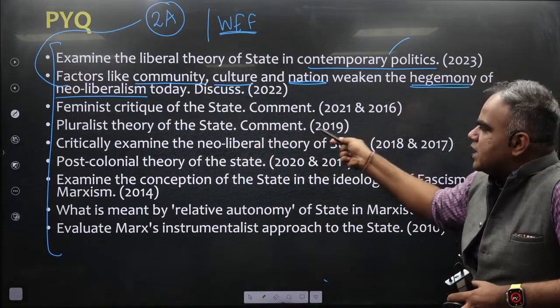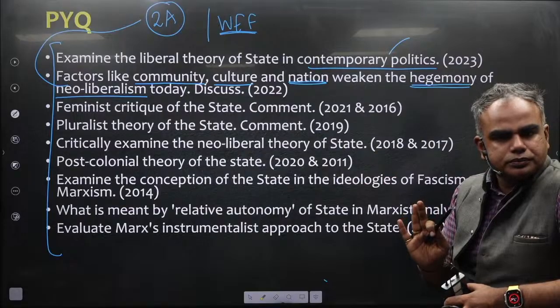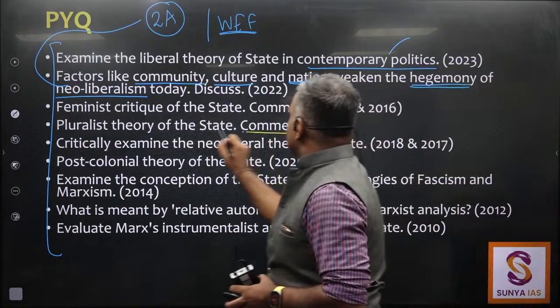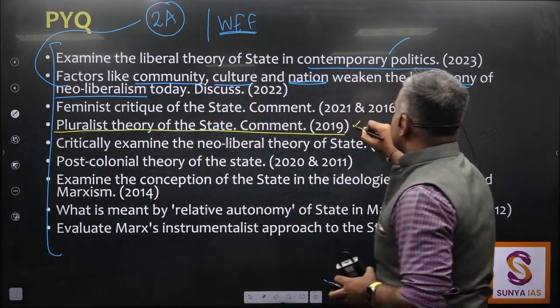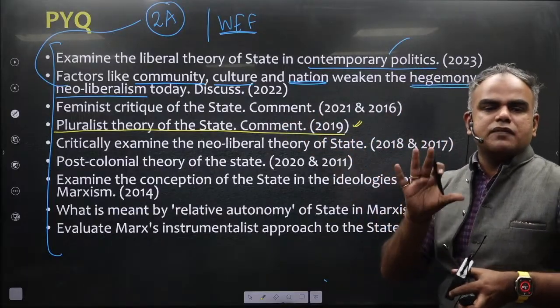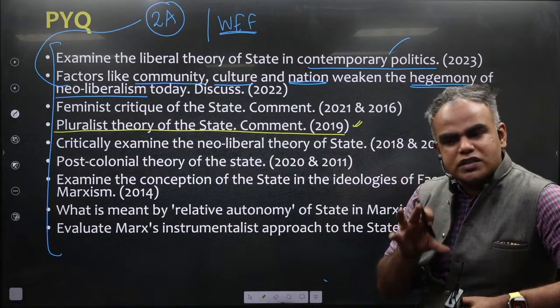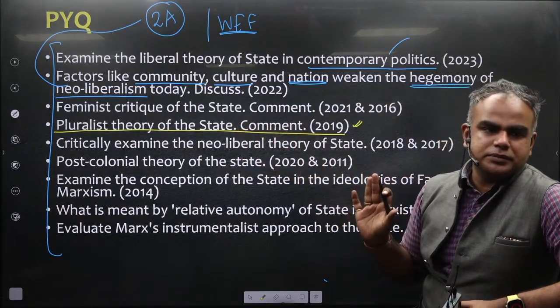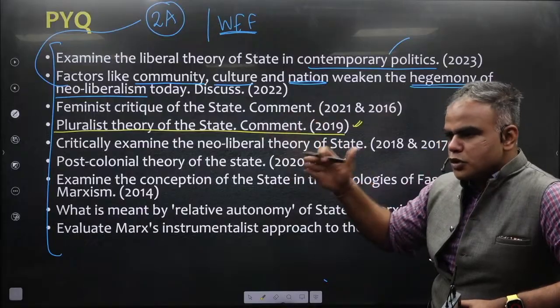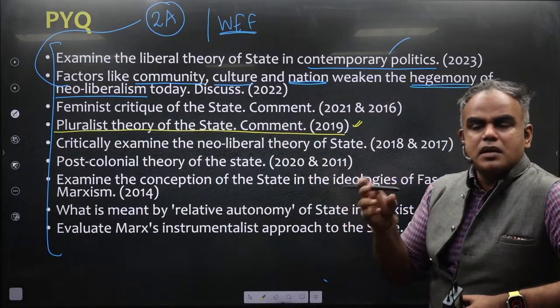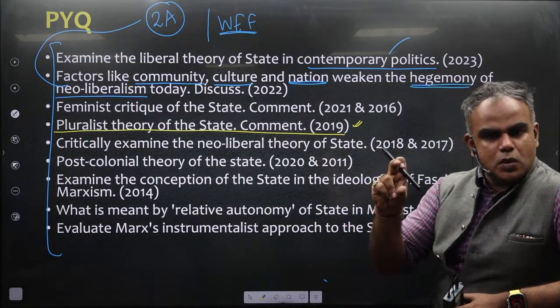Pluralist theory of state, comment. This you can do. Okay, this we have already seen. And here you have to talk about, without giving the context, if you don't mention that it came as a critique in the context of monistic theory, then your answer is incomplete. Okay, and then of course you have to talk about Laski, what he has said. I've mentioned G.D.H. Cole, guild socialism.